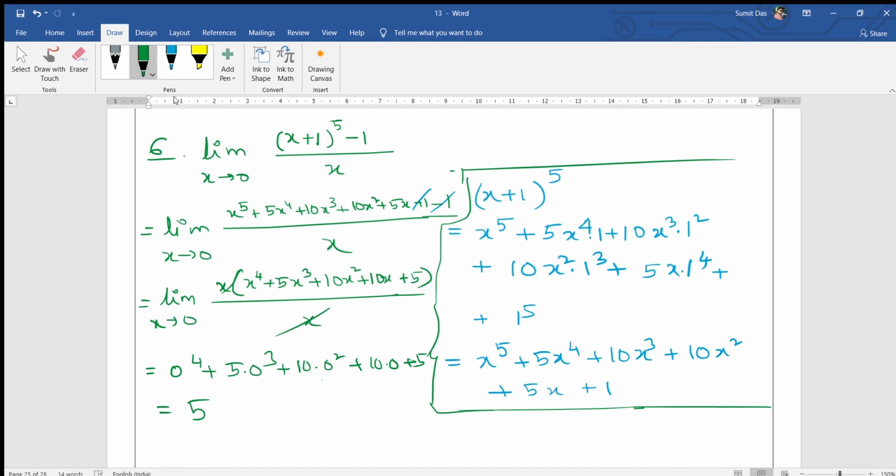Any other question from 1 to 15? Any other question you want me to do? 1 to 22. Any other question you want to do? I guess after 22 I did all the problems. Let's see, I'm not sure though.